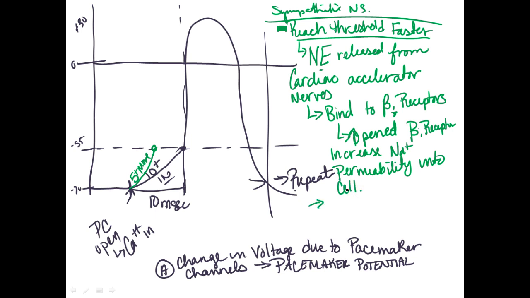And what we find is the added positives entering the cell cause the cell to reach threshold faster.